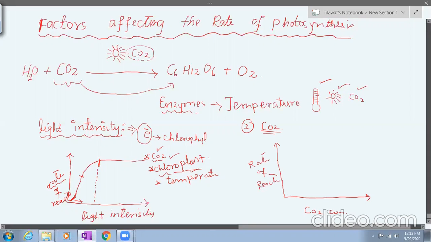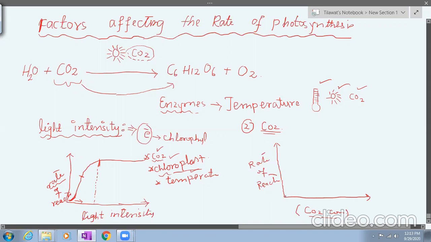Remember, boys, this carbon dioxide concentration is under your control, meaning you can increase it by your will during the experiment. So this variable is called the independent variable. We always keep the independent variable on the x-axis, while the rate of reaction is dependent because it depends on the carbon dioxide concentration, so it will be on the y-axis.